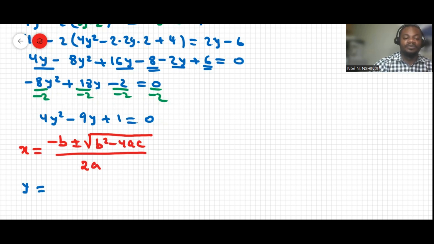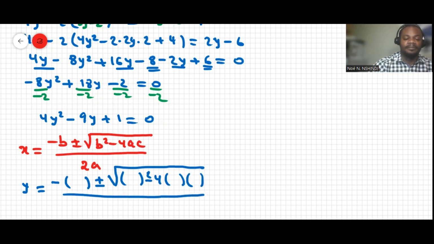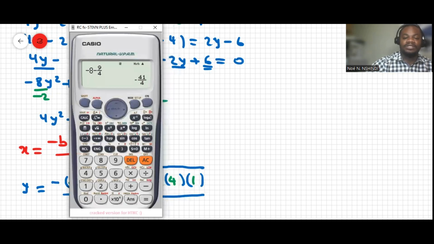So y will be equal to negative b plus or minus the square root of b squared minus 4ac all over 2a. Now we can sub in the value of b, which is negative 9, so negative 9 there, minus 4a, a is 4, c is 1. Over here, we can just use a calculator.